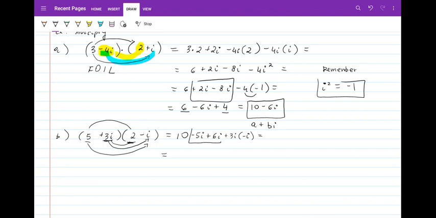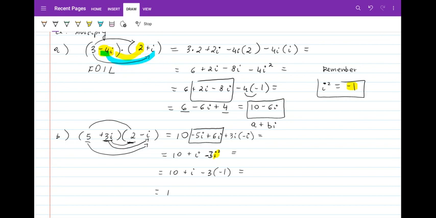When I simplify, I also will combine like terms. So I have 10 plus i, minus 3i squared. And again, we have to remember that i squared represents negative 1. So that will give us 10 plus i minus 3 times negative 1.